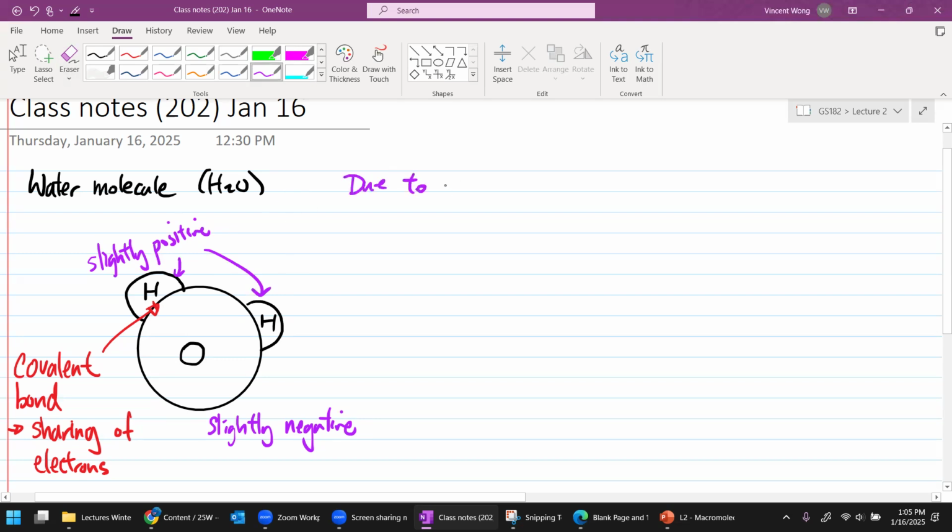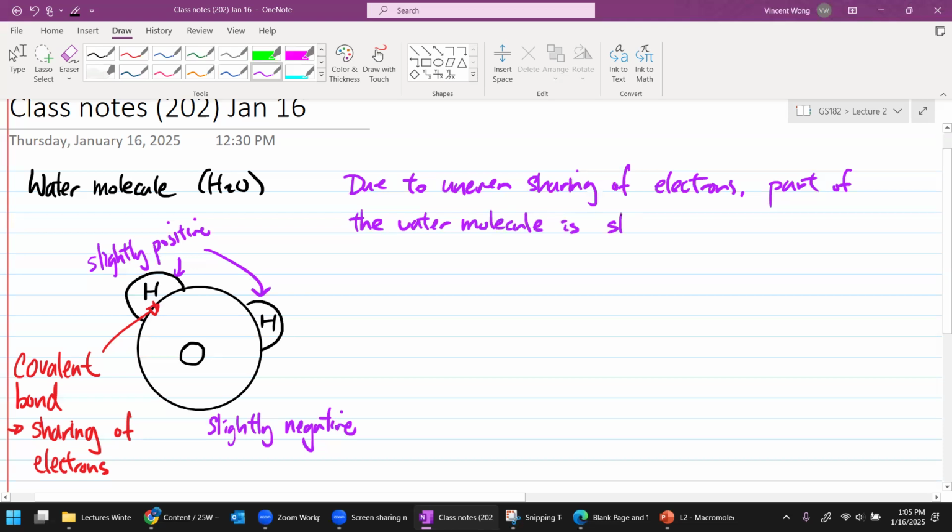Due to uneven sharing of electrons, part of the water molecule is slightly positive, and part of it is slightly negative.